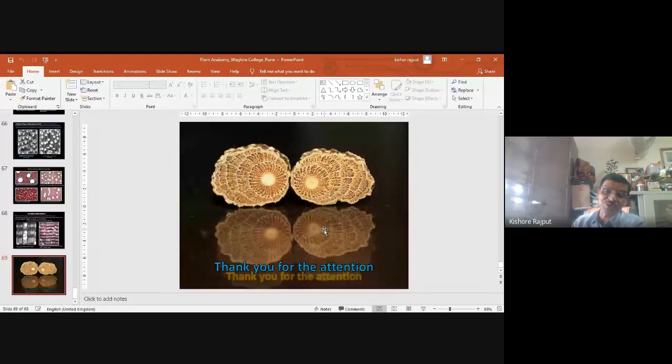Otherwise, most of the time, the sections taken by students are not less than 50 to 60 microns in thickness. The good size of section to be observed is 12, 14 to maybe 20 microns. 20 is also very thick, but 14 to 16 or 17 microns is the perfect section thickness for identification.